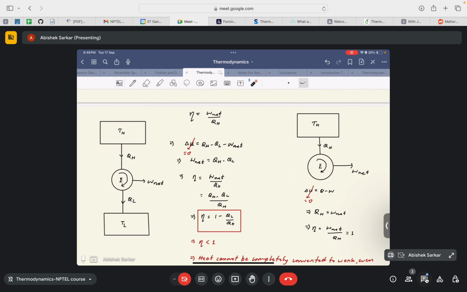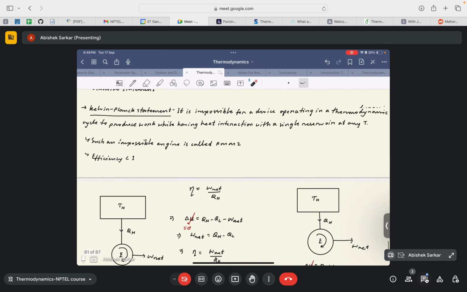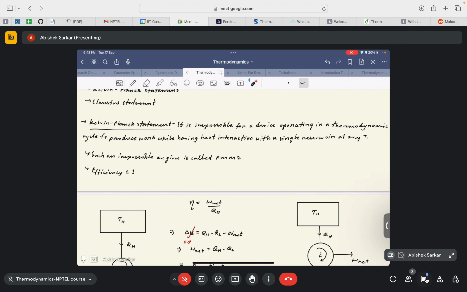When we discuss efficiency, we usually think that the frictional losses or the irreversibilities in the processes result in the lowering of efficiency. So one might think that if we are able to cancel out all such frictional losses or heat losses in the process, we will be able to achieve an efficiency of 1.